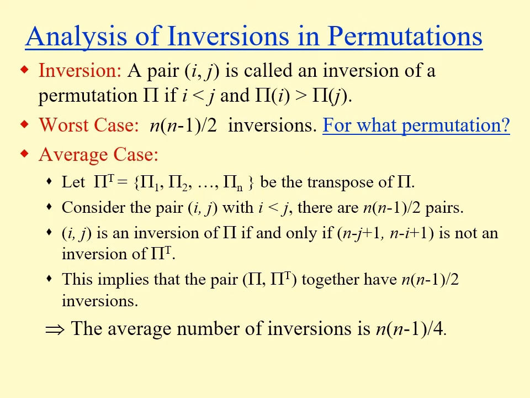Okay, let's look at the general analysis of the inversions in permutations. As we learned before, for sorting, we just want to do permutations of the order of a sequence.